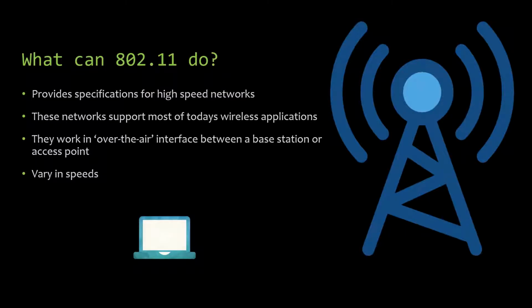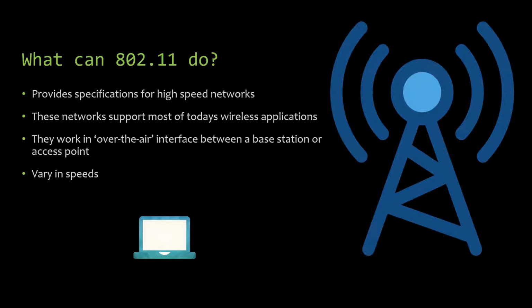So you might be asking the question, generally speaking, what can 802.11 really do? I mean, at a fundamental level, it basically ensures, and it is governed by the IEEE, that a device, if it is Wi-Fi enabled, which is also trademarked by the Wi-Fi Alliance, it will work within a certain set of parameters.